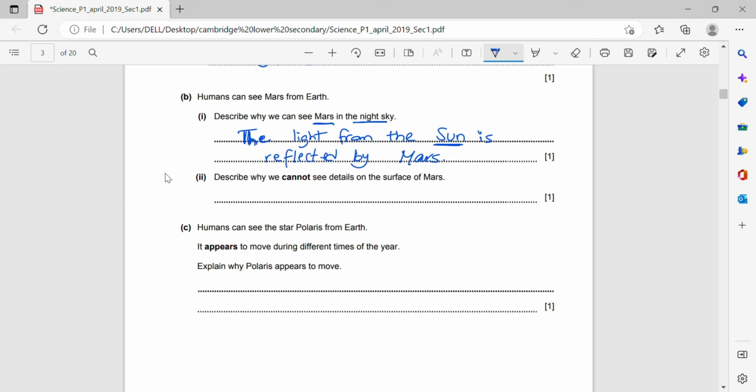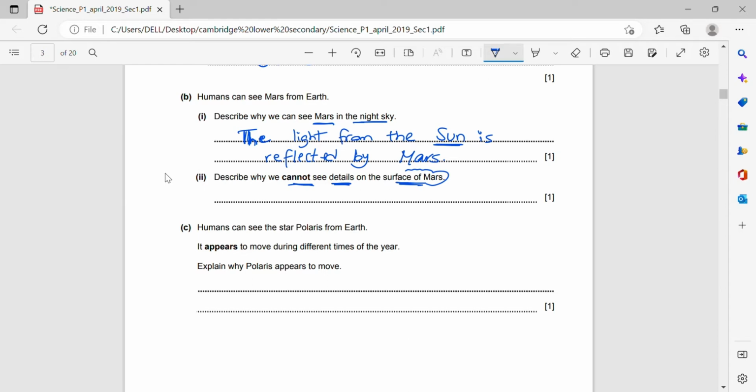Okay, next question. Describe why we cannot see details on the surface of Mars. هنا we can see Mars. Okay, but not the details. ليه? For any object we cannot see the details عشان إيه? Great, it's actually a long distance away, so the resolution is poor.